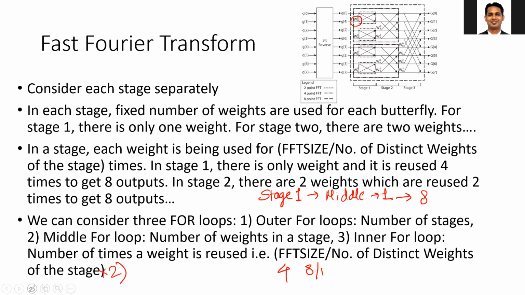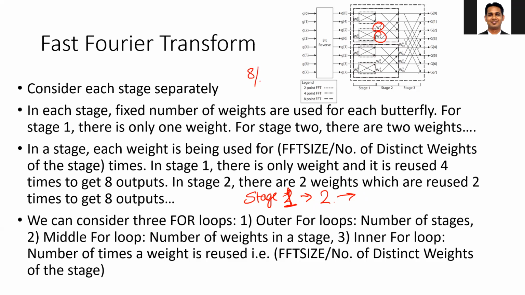Now if you go to stage 2, there is an outer loop of 1 iteration. Then your middle loop will have 2 iterations, because the number of weights is 2. And then the innermost loop will have the FFT size, that is 8, divided by the number of distinct weights, which is 2, and divided by 2 again.